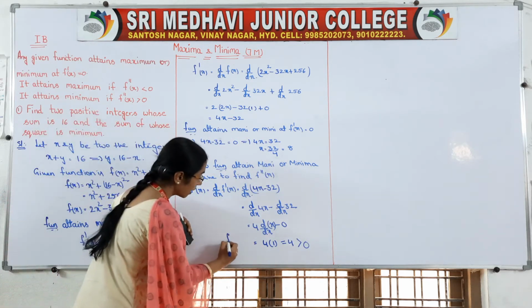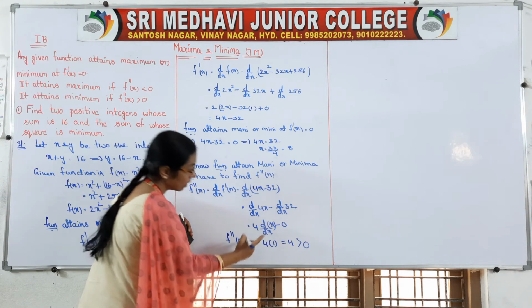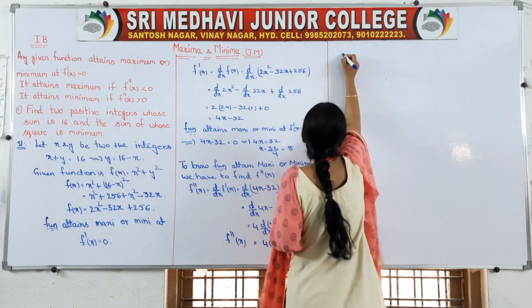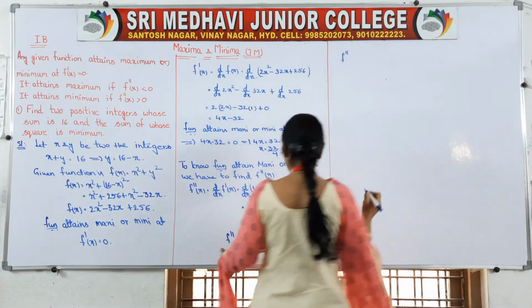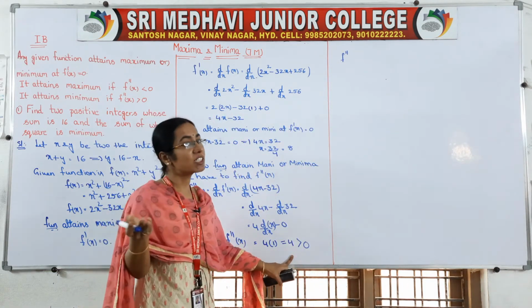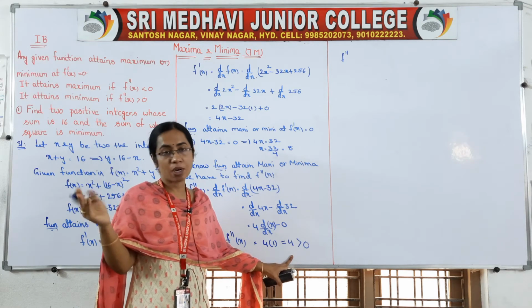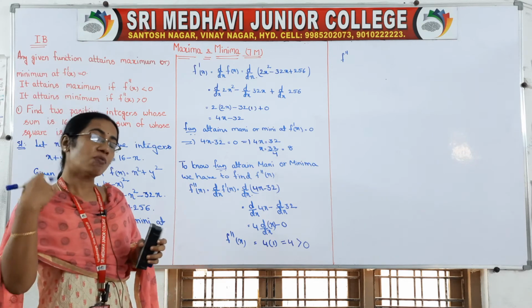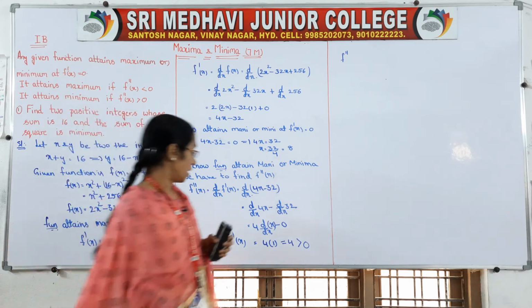So your f double dash x is greater than 0. Whenever it is greater than 0, the function attains minimum. Less than 0, the function attains maximum, right?